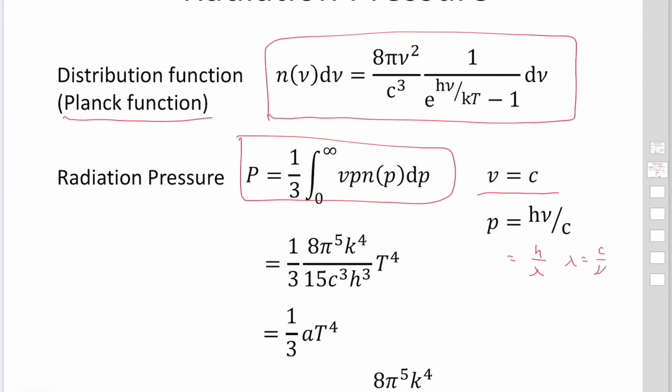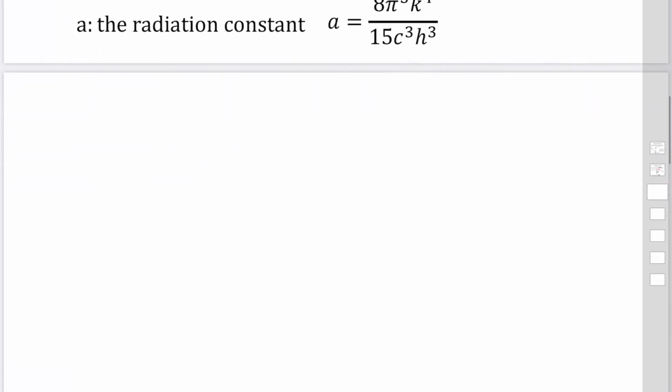So you can substitute this lambda here, and then you get P expressed. This N_p dp is actually equal to N_nu d nu. So instead of N_p dp, you can substitute the distribution function, the Planck function. Then I'd like to show you how to calculate.